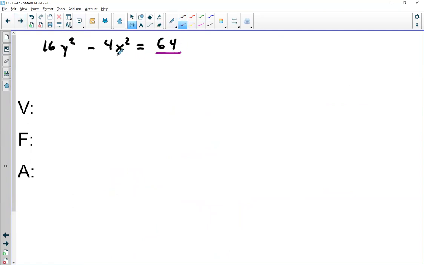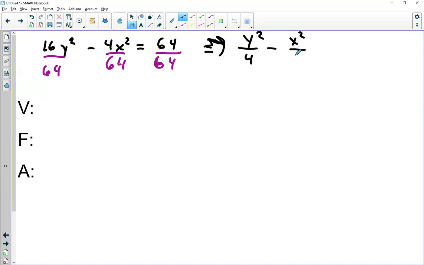So that means everything is going to be divided by 64. 16 over 64 reduces to y squared over 4. 4 over 64 reduces to x squared over 16. And then 64 over 64, the reason we did this, becomes 1.